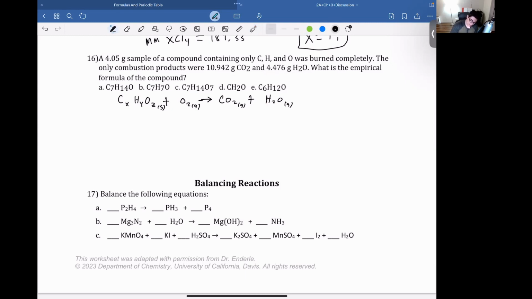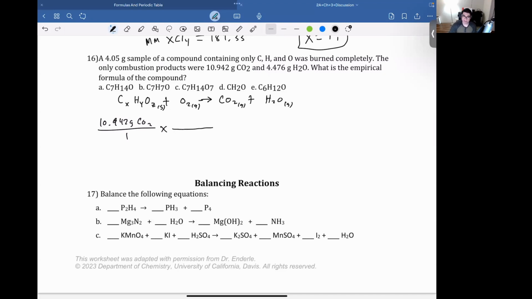So first thing we do is we start off by converting these. So for every 10.942 grams of CO2, so this really is kind of going backwards from percent composition. So you first have to find the percent composition, I guess you could say. You don't have to.